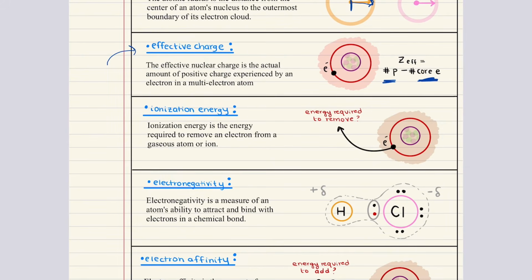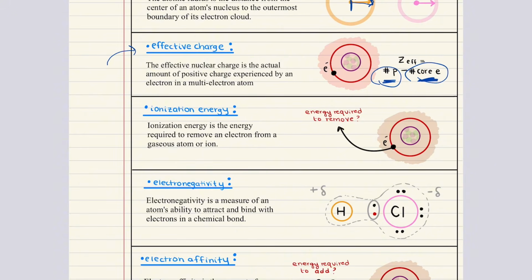This concept is really important for understanding periodic trends like atomic size and ionization energy. It's quantified as the nuclear charge, or the number of protons, minus the shielding effect due to the inner shell electrons. So you can, in a very oversimplified manner, think of it as number of protons minus number of inner core electrons.